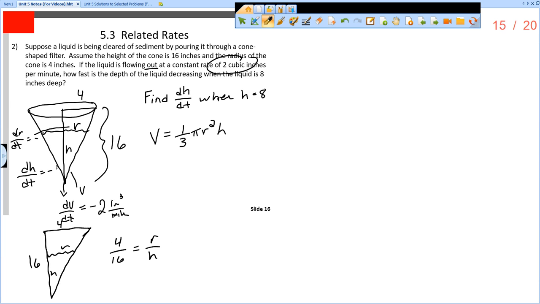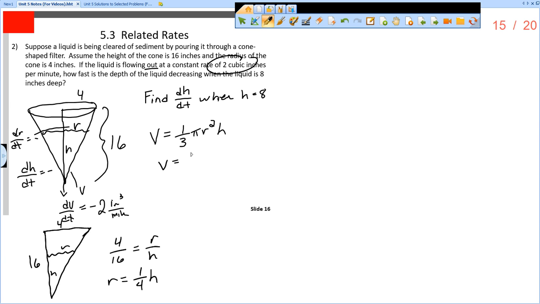So what do we want to do? Well, we want to know dh dt when h is 8, so we want to get rid of r. Let's solve this for r. r is going to be 4/16, which is 1/4 times h. So I'm going to plug in 1/4 h for r.